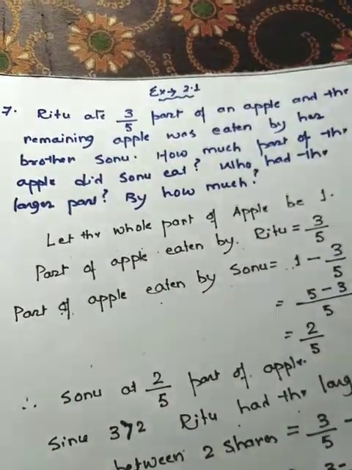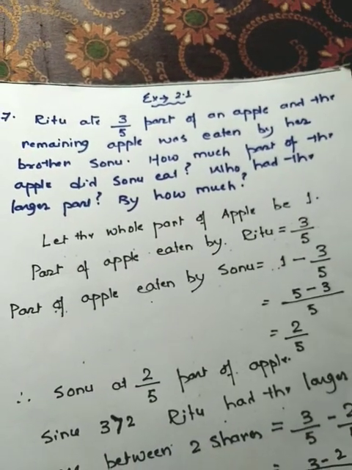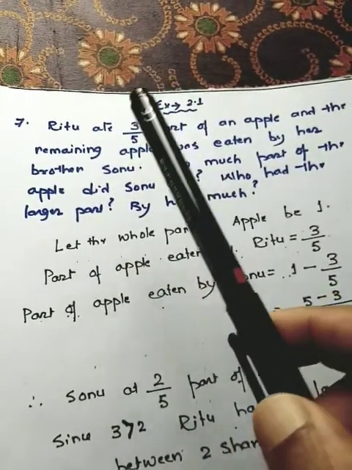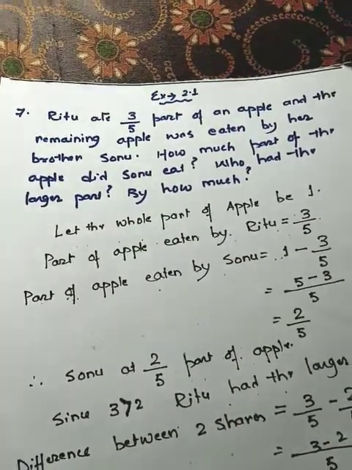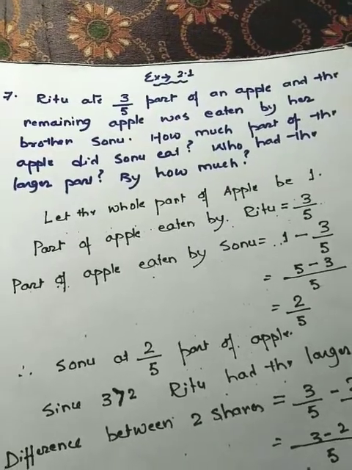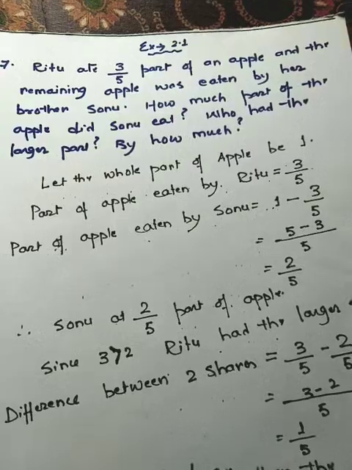So many questions they're asking. There is one particular apple. First they have said that Ritu ate 3 by 5 part of that apple. Then the remaining part was eaten by Sonu. So what was that part, who ate the larger part, and by how much?